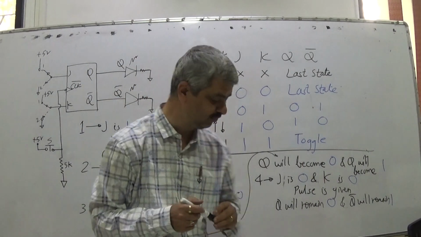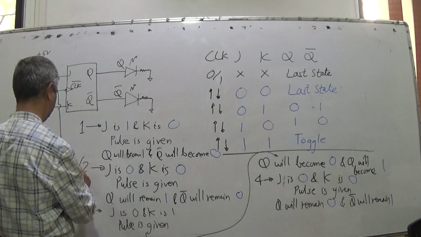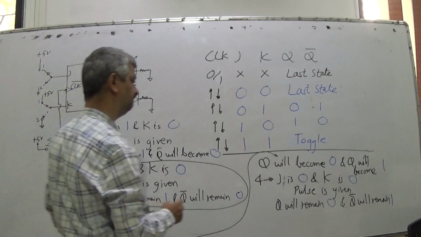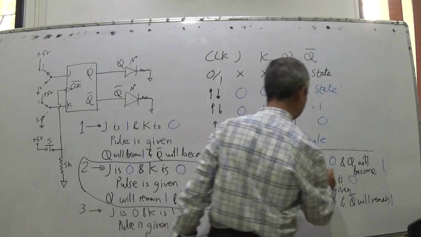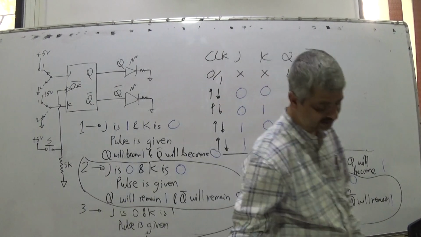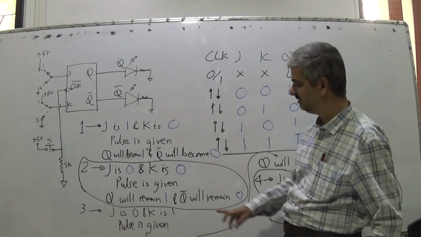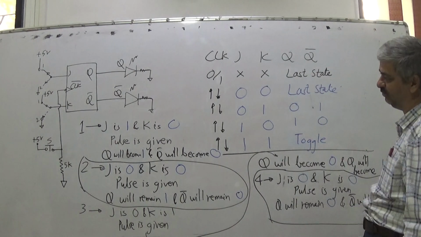So you concentrate on this, case 2 and case 4. In this case what we find is, the inputs J and K, when they are 0 0 and you give pulse, output can be 1 0 or output can be 0 1 also.